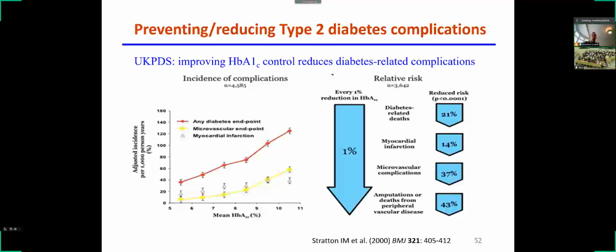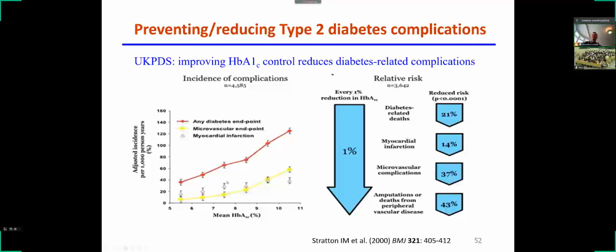So every 1% reduction in A1C levels leads to a 20% reduction in diabetes-related deaths, 14% reduction in heart attacks, 40% reduction in microvascular complications, and a 40% reduction in those peripheral vascular disease complications that I talked about. So it doesn't take that much to really make a difference.